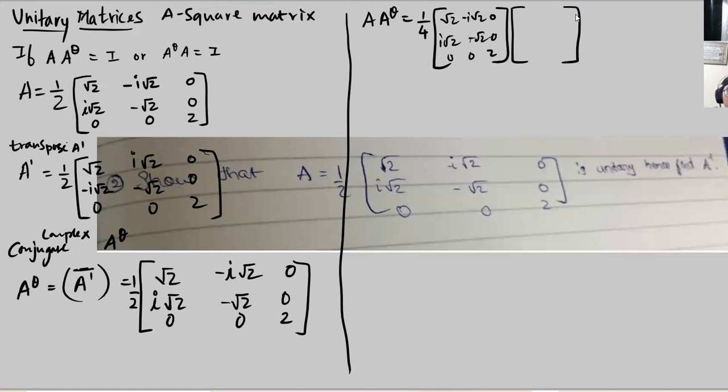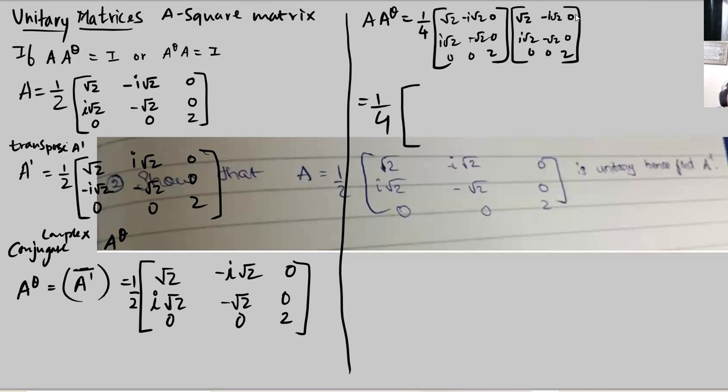And A power theta is root 2, I root 2, 0; minus I root 2, minus root 2, 0; 0, 0, 2. If you see carefully, both the matrices look somewhat similar.